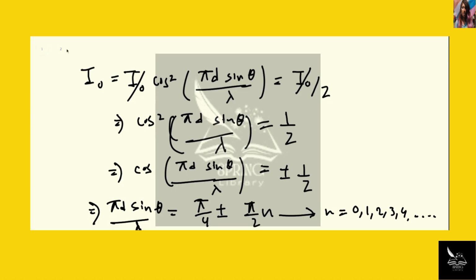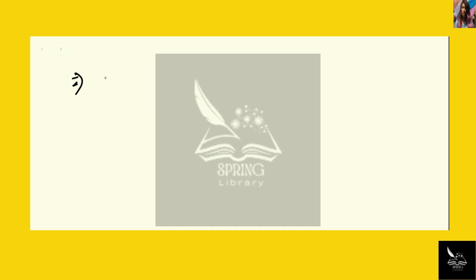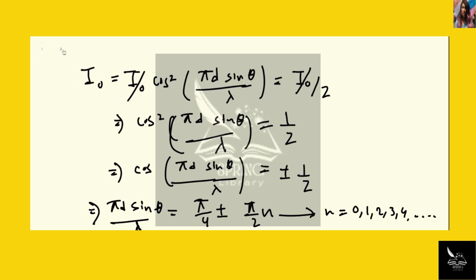Therefore, we divide both sides by pi. The pi's cancel, and we multiply both sides by lambda. What we get is that d sine theta is equal to lambda over 4 plus or minus lambda over 2 times n.